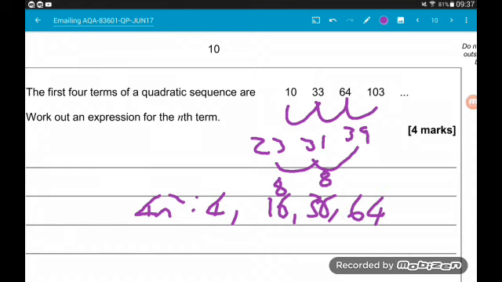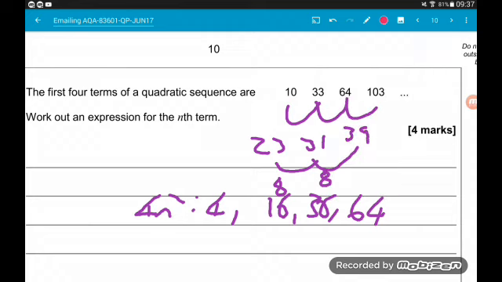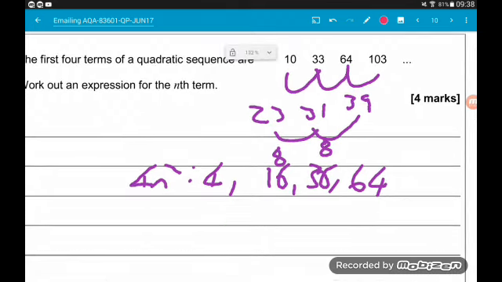So we then take the quadratic part out of the quadratic sequence. So we minus the corresponding term from 4n squared away from the original term of the original sequence. So 10 take away 4 leaves us with 6. 33 minus 16 leaves us with 17.